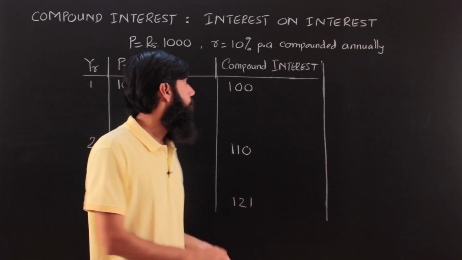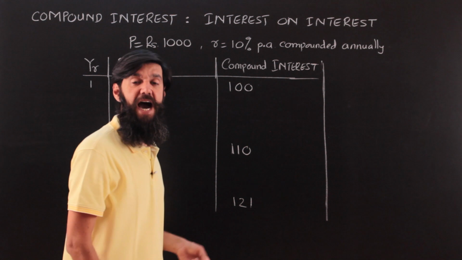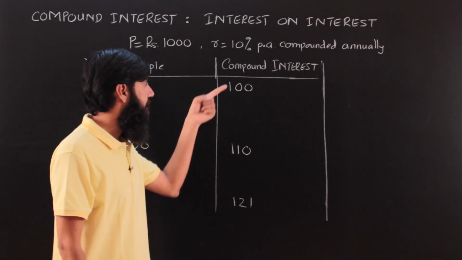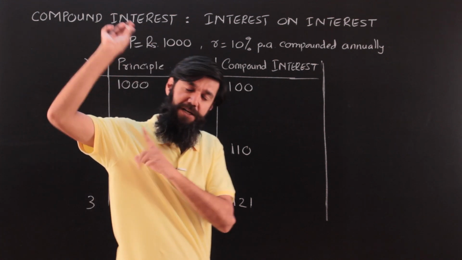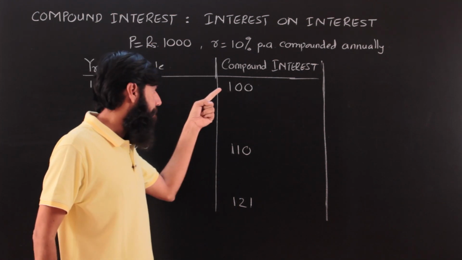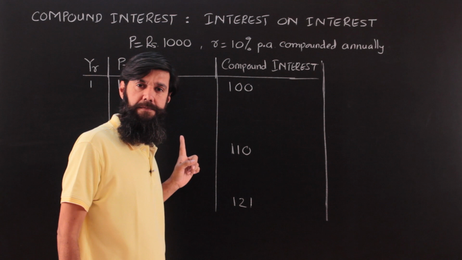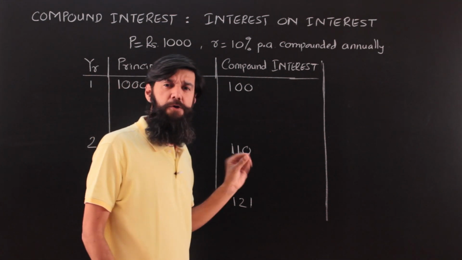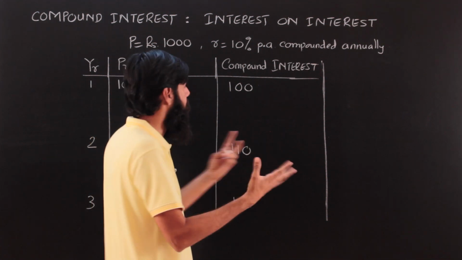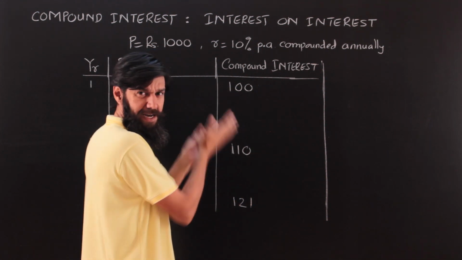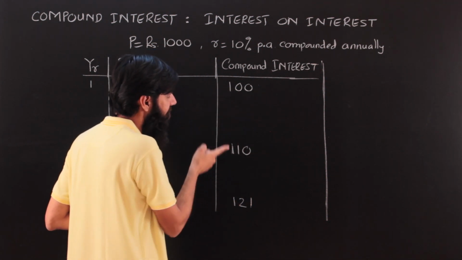What we are going to learn now is to just focus on the interest part. Unlike simple interest, where the interest was the same every year, 100, 100, 100, 10% of the original 1000, compound interest is increasing. Spend a little moment to see how it increases. If I look at the difference arithmetically, there's an increase of 10 rupees.